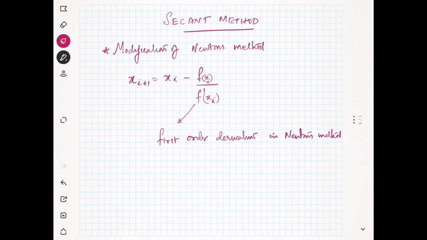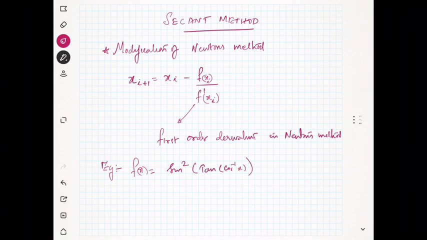If you are trying to solve a nonlinear equation using Newton's method, then you have to feed what is the derivative of that function. Sometimes it is difficult to find the derivative of some functions. For example, let us consider f of x equals sine square of tan of cosine inverse x.